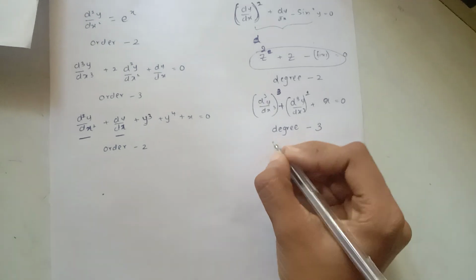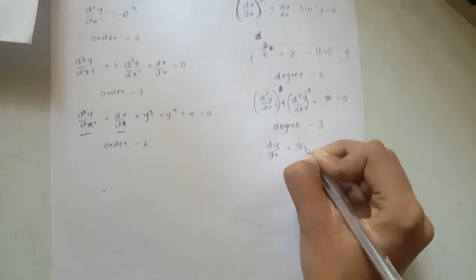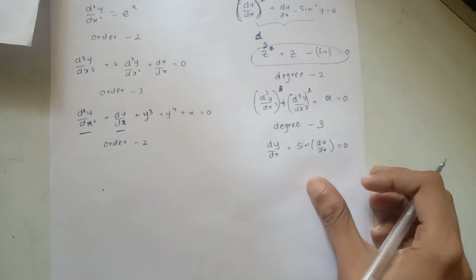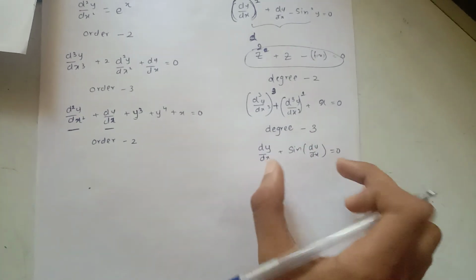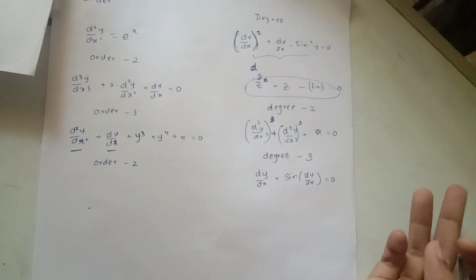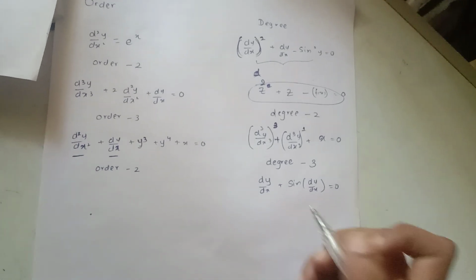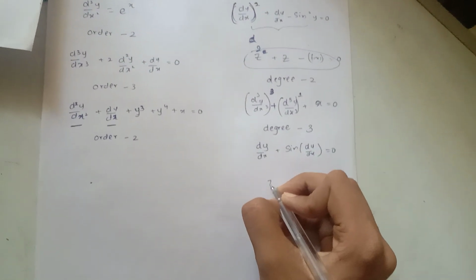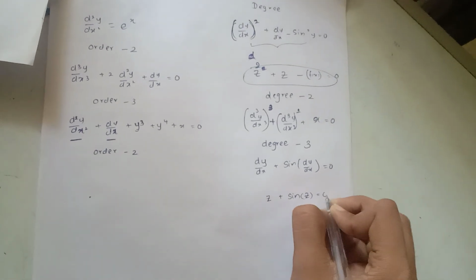Let's consider another example: dy over dx plus sine of dy over dx is equal to 0. First of all, can I write this in polynomial form? Is this in a polynomial format? If you really can't identify it correctly, let's write this down as z plus sine z is equal to 0.